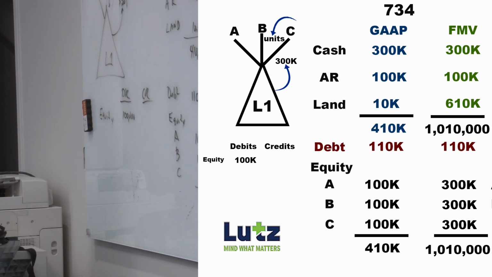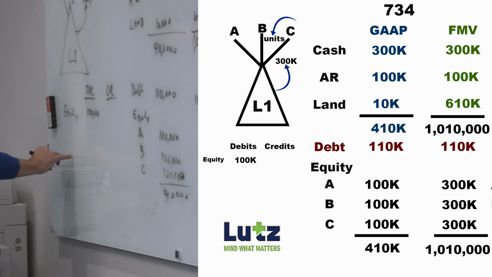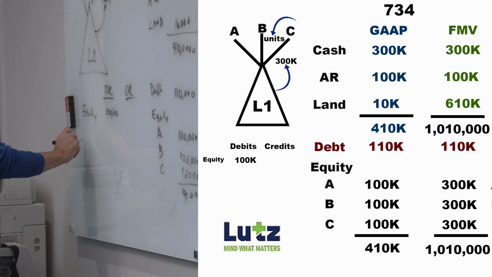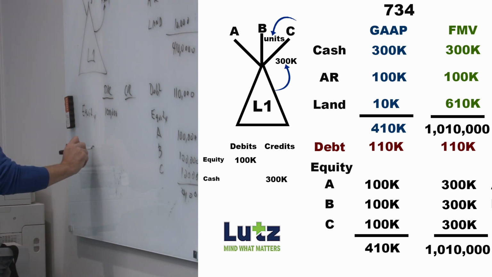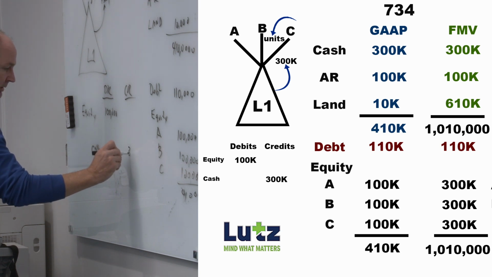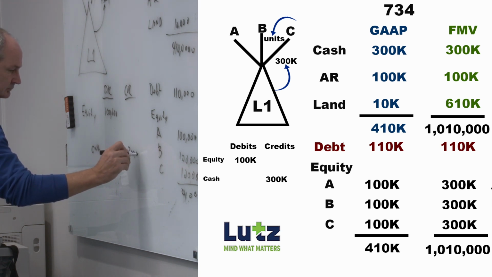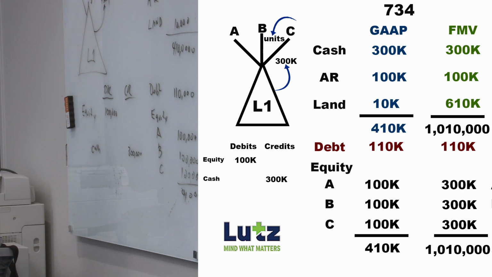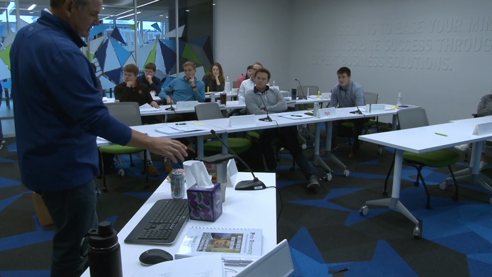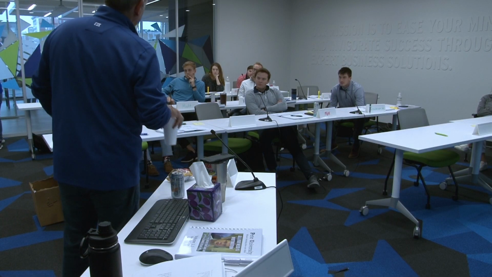Is that right? So what we got so far? Then we have cash of 300, correct? Are we good? Or aren't we good? We're off 200,000. Where's that $200,000 go?